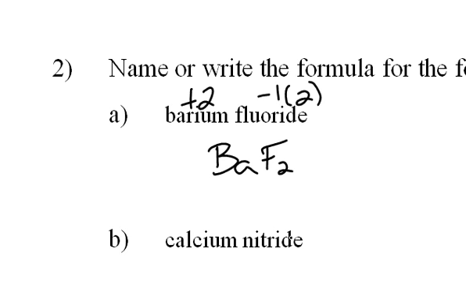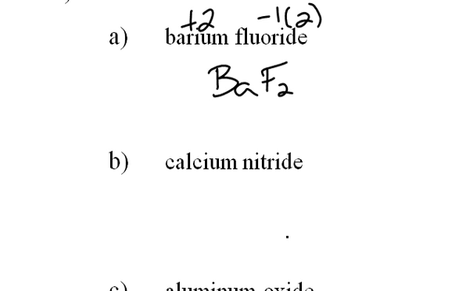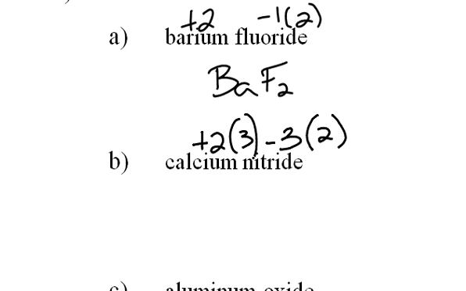Looking at calcium nitride, same thing, where we have a +2 charge for our calcium. The nitrogen has a -3. We have a metal to nonmetal, so we have an ionic compound. To get the algebraic sums to equal 0, multiply them by each of that.